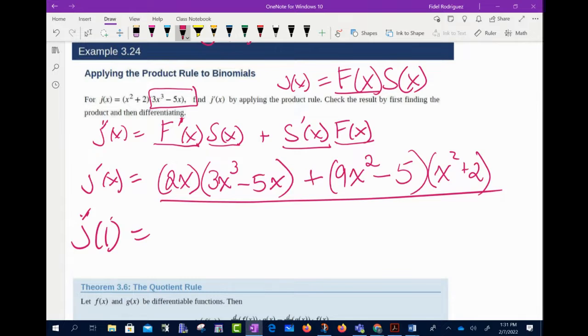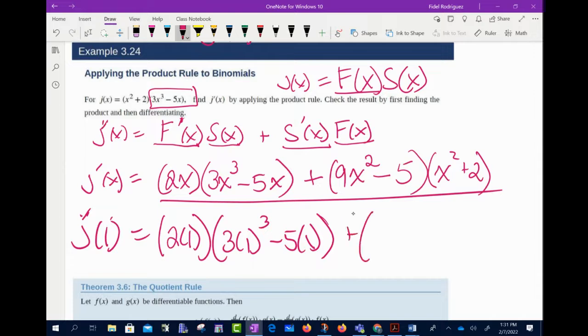The derivative tells me the slope, right? So this would be telling me the slope when x is equal to 1, okay? So suppose we were to find it at 1. Do you agree with me that this is what I would do?